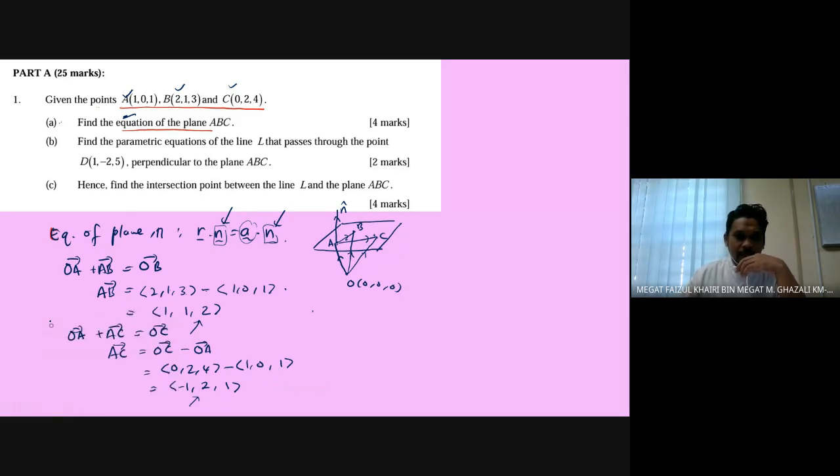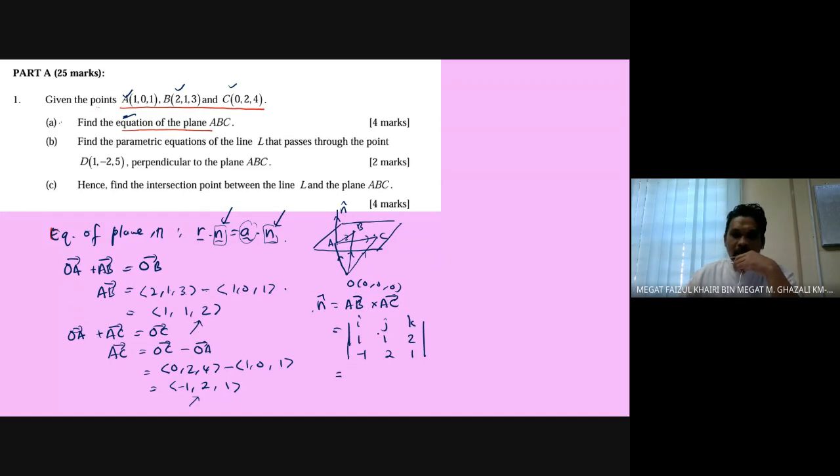And next, for the equation of the plane, we need to find the normal vector, where n equals AB cross AC. So we have i, j, and k, with 1, 1, 2 and negative 1, 2, 1.